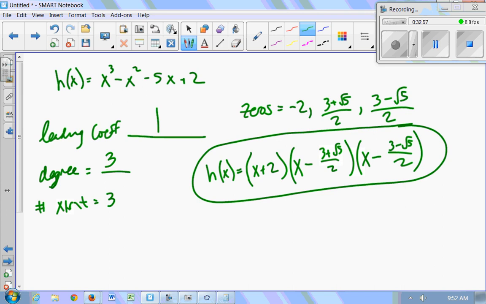All three of these factors are linear. Right, because linear just means that the degree on x in each of these is, there's a hidden little 1 there. Yeah, it's always x minus whatever the 0 is. So if the 0 happens to be negative, like with the -2, it comes out positive because that's really x minus -2.